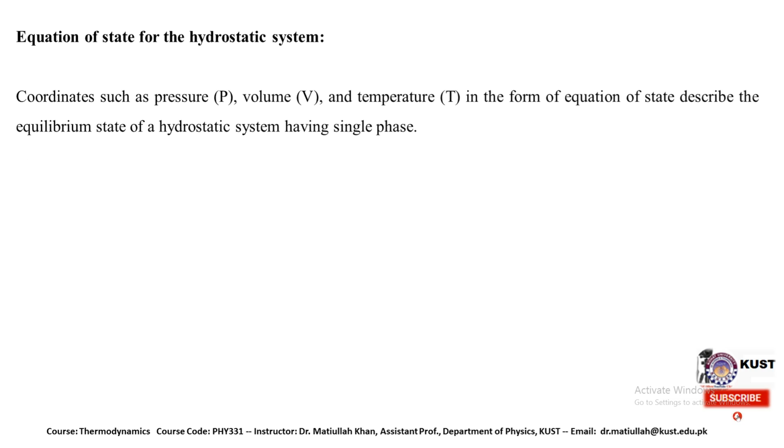So in order to describe a hydrostatic system, again we need to write an equation of state for the system. The state variables we use in thermodynamics are three: pressure, volume and temperature. That could be written to describe any equilibrium state of a hydrostatic system having a single phase.